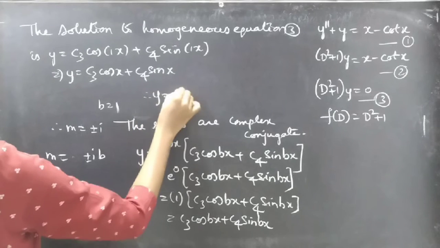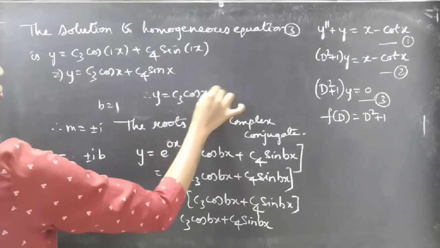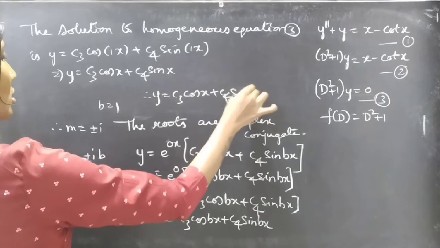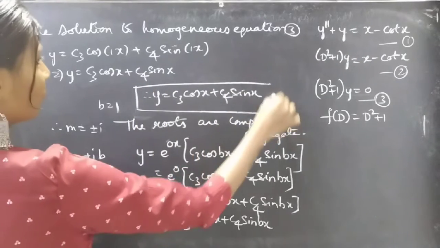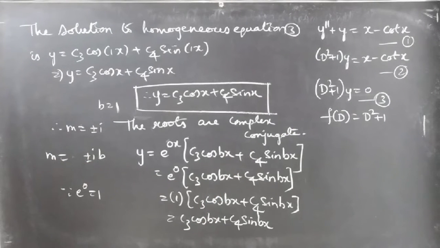Therefore, y equal to C3 cos x plus C4 sin x is the solution to our homogeneous equation. Here we are taking C3 and C4 instead of C1 and C2 because we want C1 and C2 to appear in the final general solution, right?